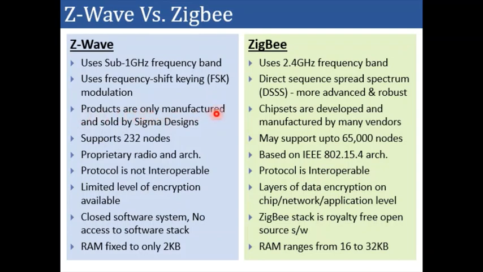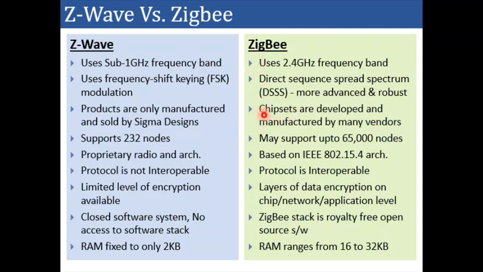Products are only manufactured and sold by Sigma Designs, so it is a proprietary kind of solution where the design as well as the Z-Wave related features are not open for other people to work on it.